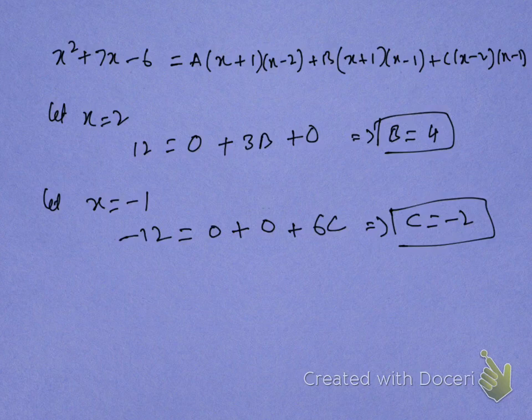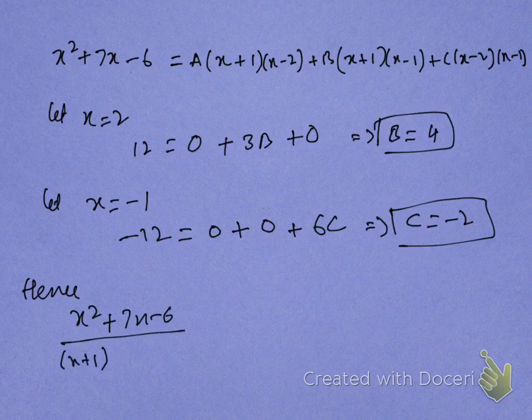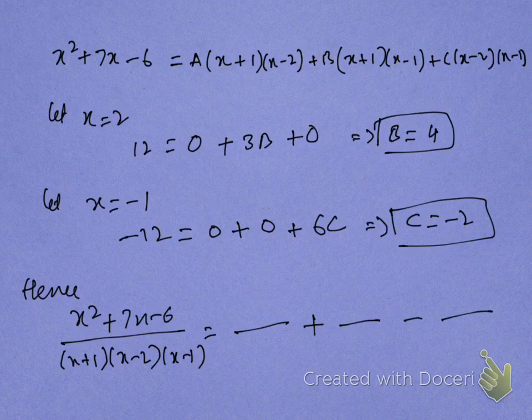After finding the values of A, B and C, substitute all the values into equation number 1. The original fraction was A over (x − 1) plus B over (x − 2) plus C over (x + 1).